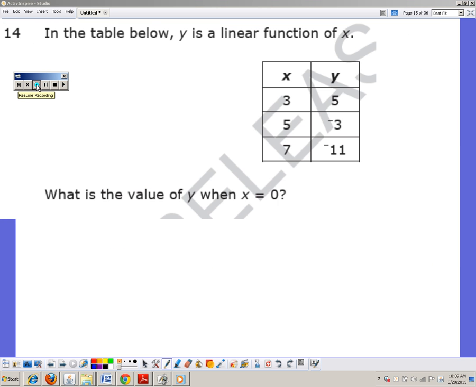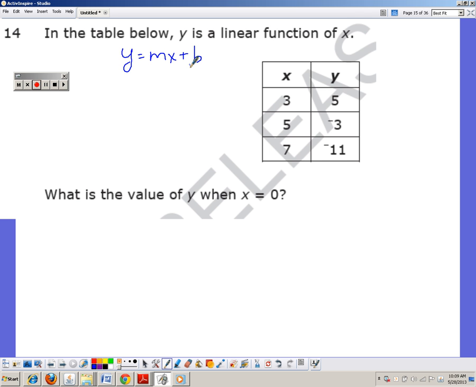Number 14 says, in the table below, y is a linear function of x. So, if y is a function of x, that means you can use y equals mx plus b. Okay?